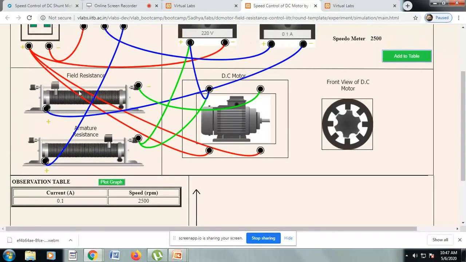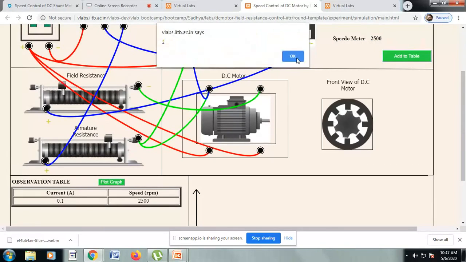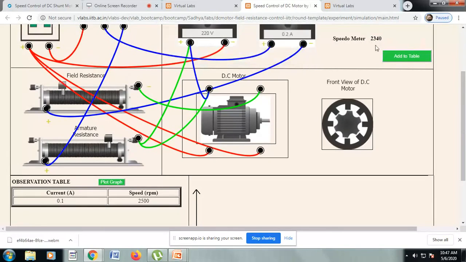Next reading we take 0.2 ampere and speed is 2340. Now we add to table. After that, number 3, 0.3 ampere and speed is 2100.